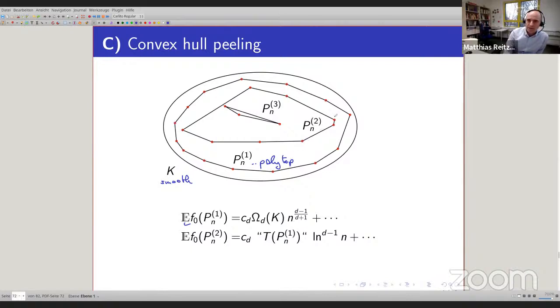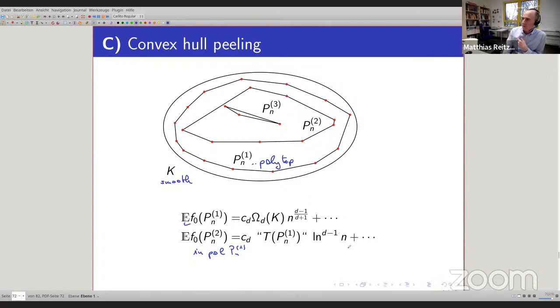I take the convex hull, which is Pn2 here. How many vertices does this convex hull have? So the expected number of vertices in a polytope, where the polytope is Pn1, this is well known. This is a constant times the towers times a logarithmic factor.